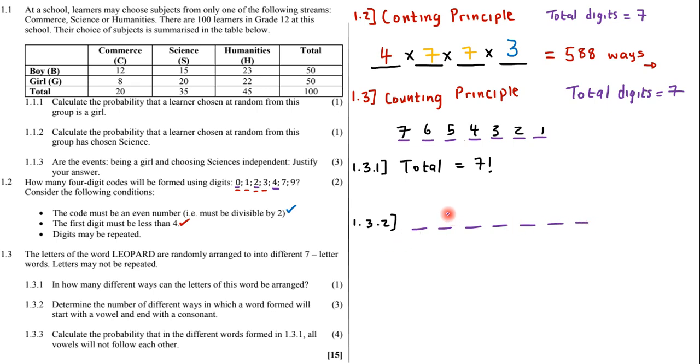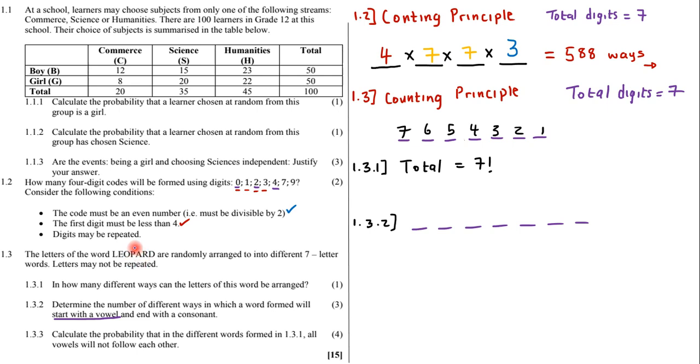Now we need to think through how we're going to do this. We need to find the ways in which the start of this word will have a vowel. In order to do that, we first need to look at the vowels here. How many vowels do we have? We have E, O, and A, right?